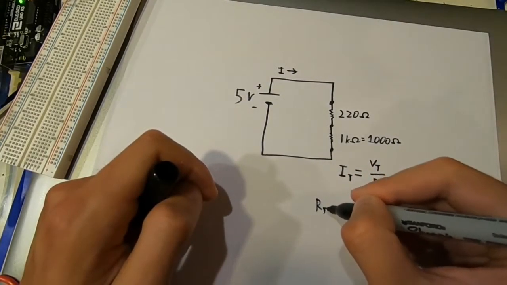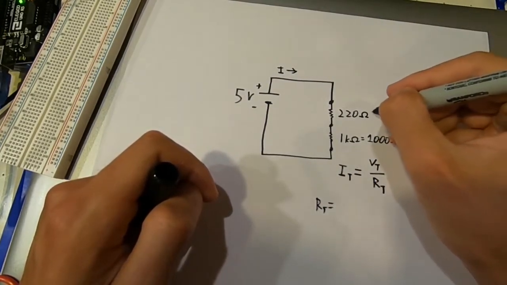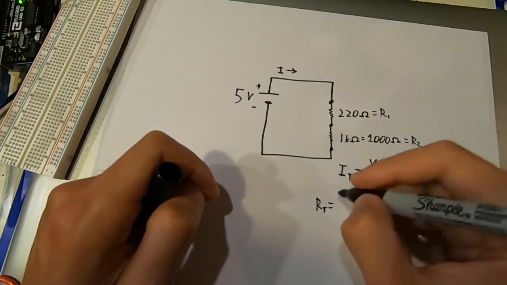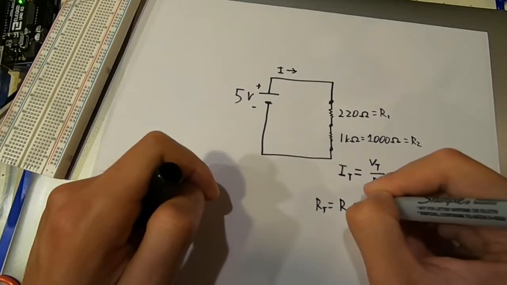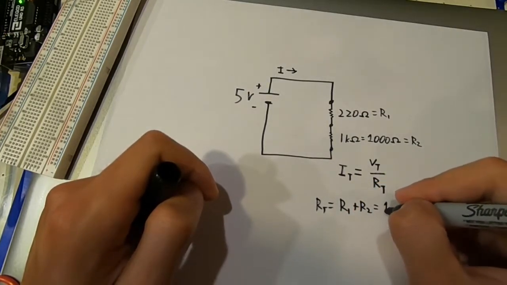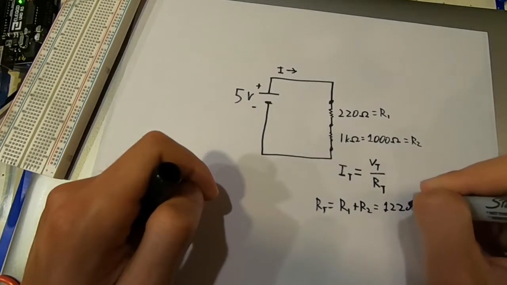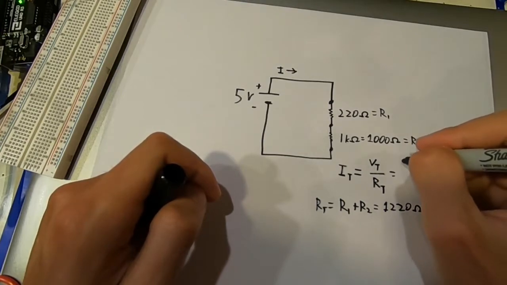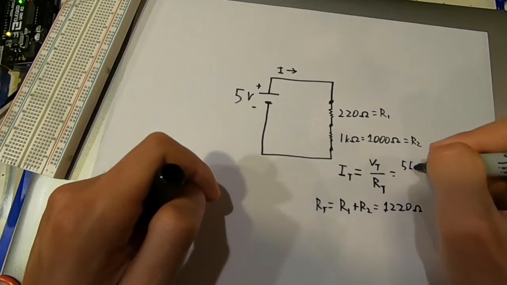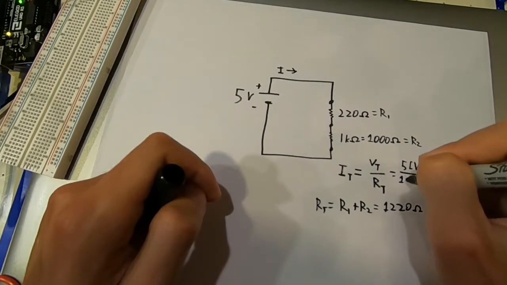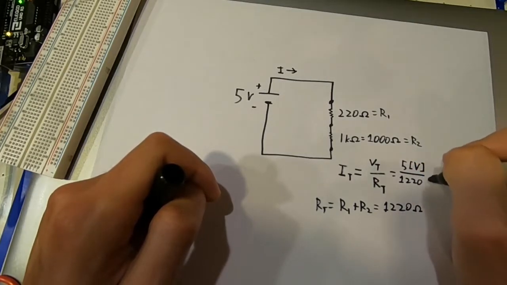So RT is going to be equal to R1 plus R2, which is equal to 1,220 ohms. So our total current is going to be equal to 5 volts over 1,220 ohms.